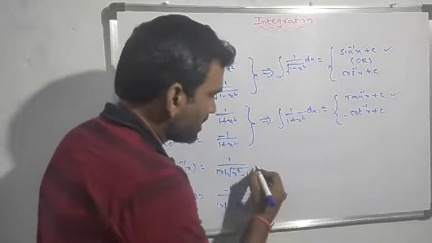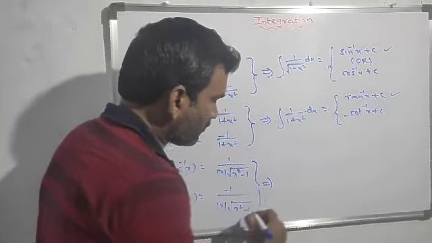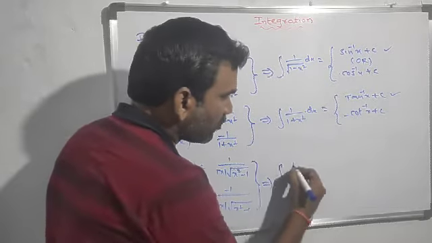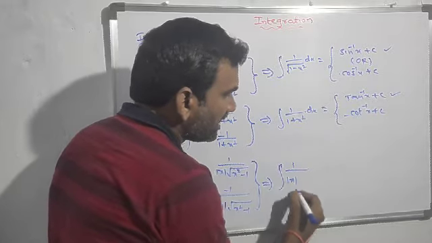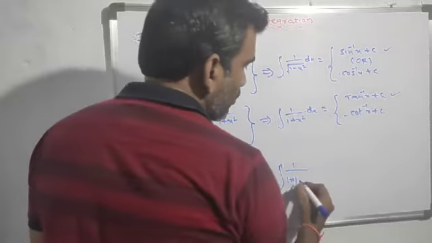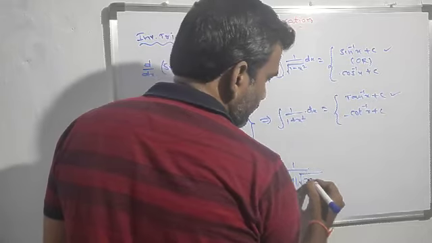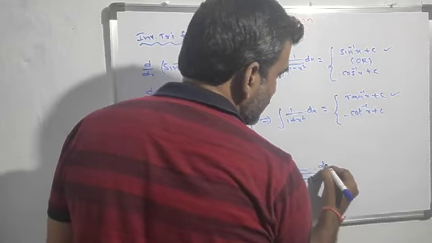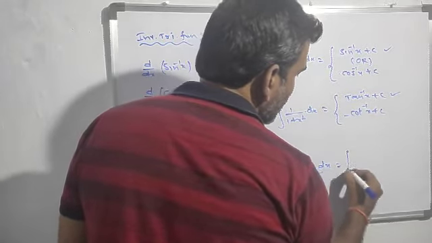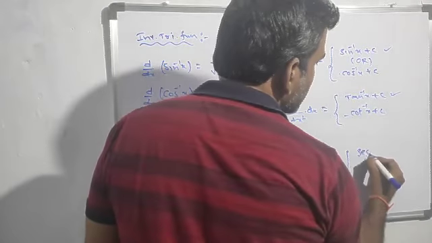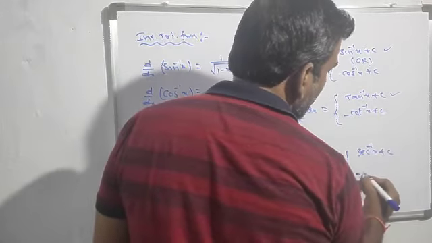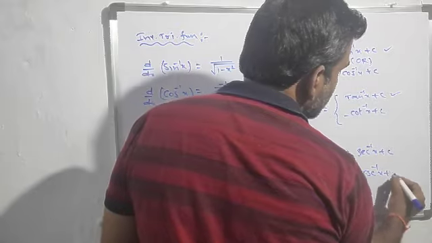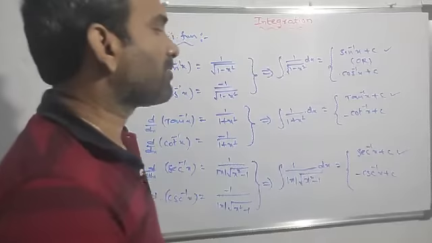Understand? Next, for these two formulas we can write only one integration formula: integration of 1 by modulus of x into square root of x square minus 1 into dx equals secant inverse x plus c or minus cosecant inverse x plus c. Here also we prefer this.